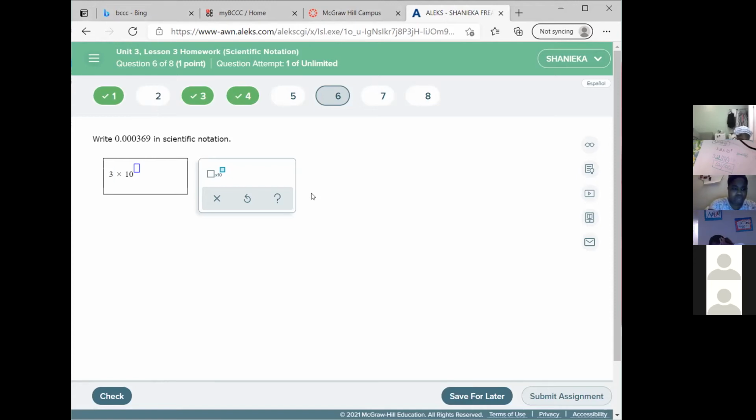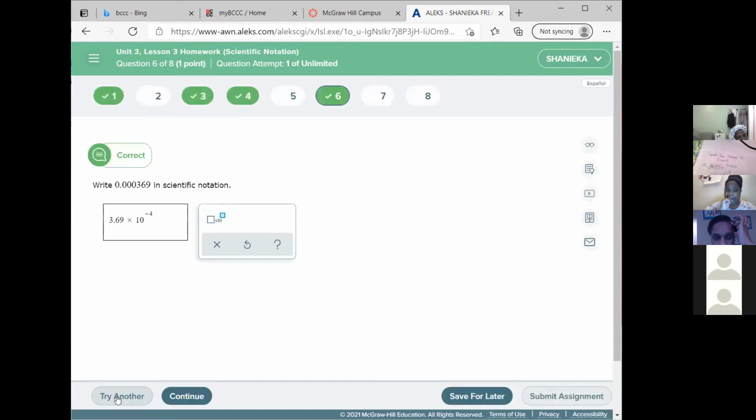So when we are converting from standard to scientific, when we're moving to the right, it's going to be negative. Make that -4. Okay. Think of it this way: when you have a number that's really small, make sure that your exponent is negative. Small numbers always have a negative exponent.